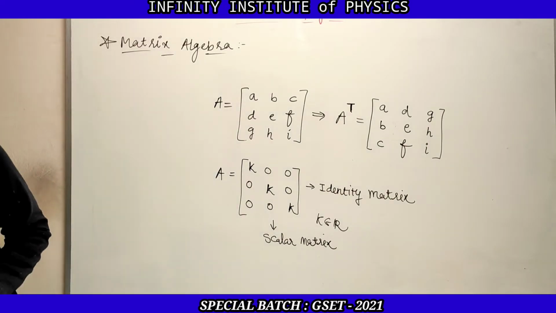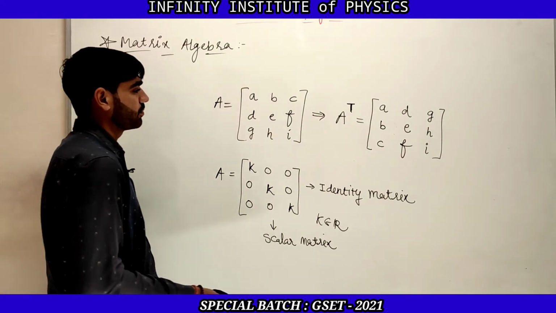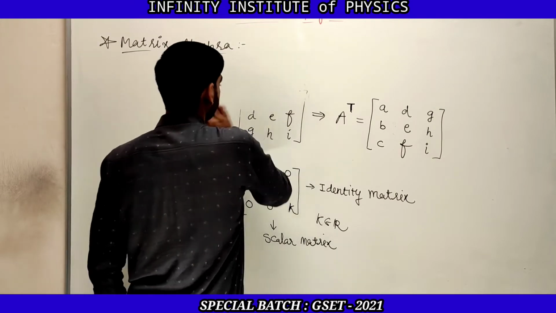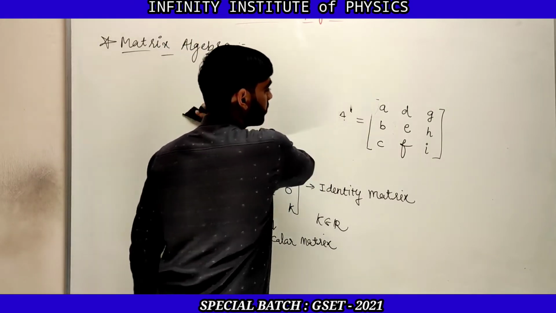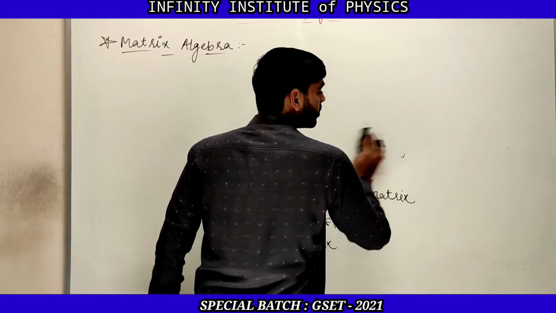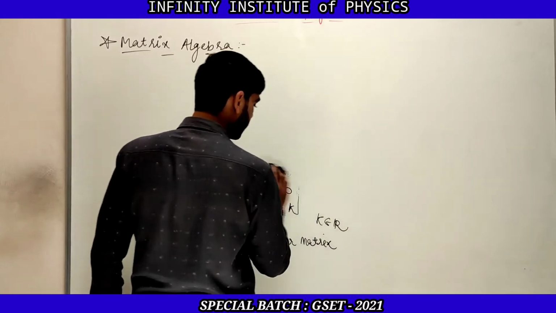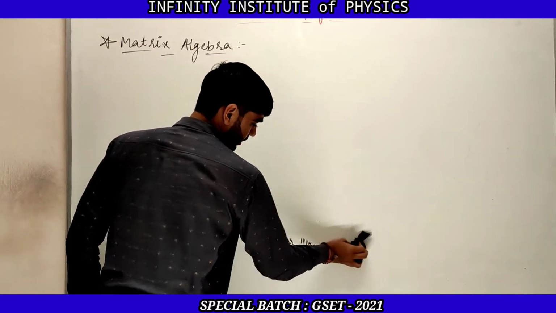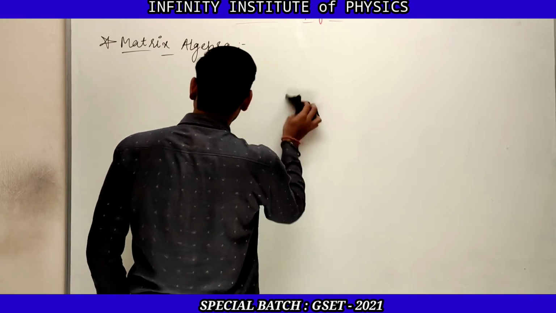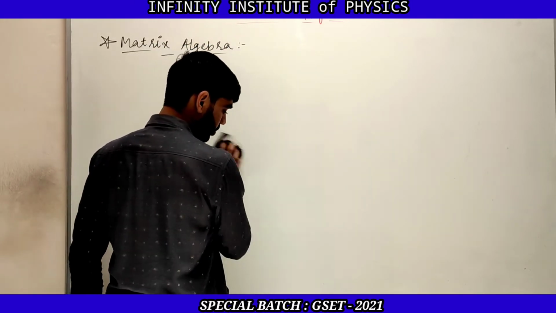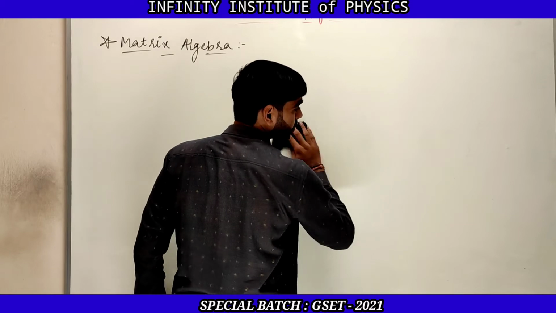Now next we have the orthogonal matrix. What do we mean by an orthogonal matrix? Let us go through what is orthogonal.